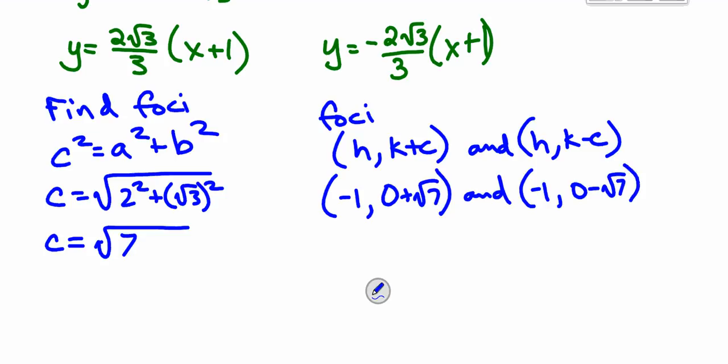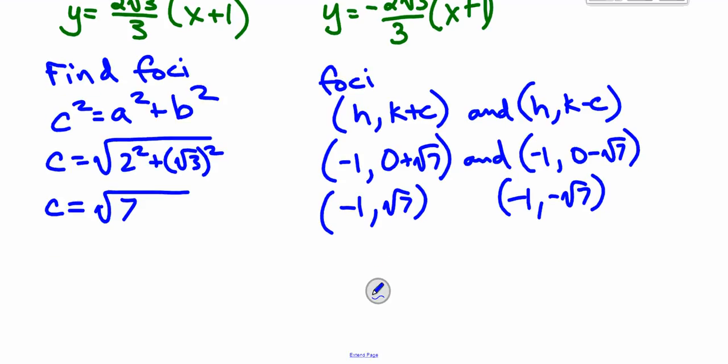So if I clean that up, -1 comma square root of 7 and -1 comma negative square root of 7. If I get that as a decimal just for my graphing purposes, that's -1 comma 2.65 and -1 comma negative 2.65. And so take a minute to make sure you get that, and you can have that.